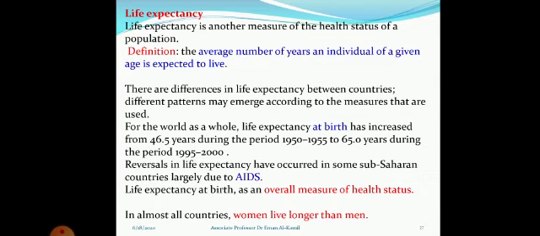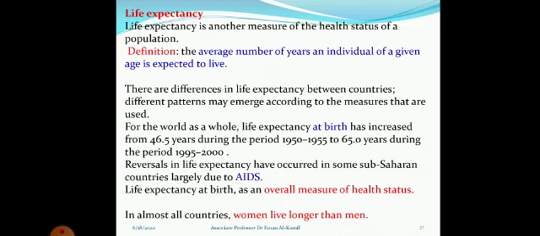It depends on the country and on male or female. Male and female have different life expectancy, where females have higher life expectancy than males. So life expectancy at birth is an overall measure of health status, and it has been found that, as we mentioned, women live longer than men.